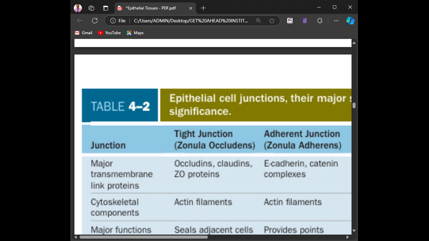Number two, establish apical and basolateral membrane domains by sealing adjacent plasma membranes.